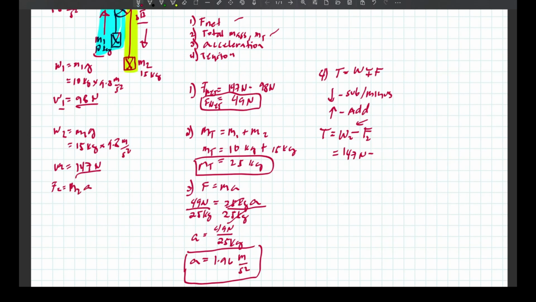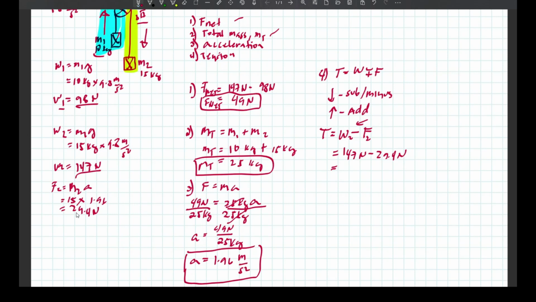So our M2 is 15 kilograms times acceleration 1.96 meters per second squared, and that is 15 times 1.96, which gives us 29.4 newtons.